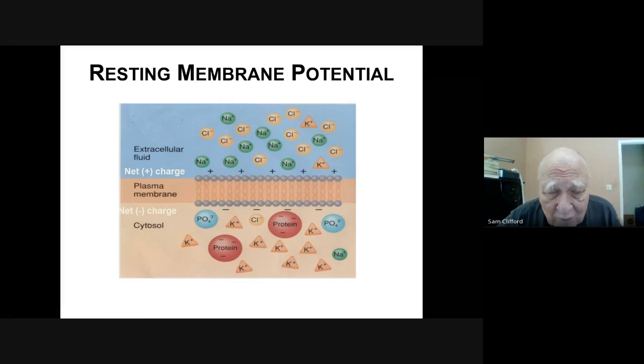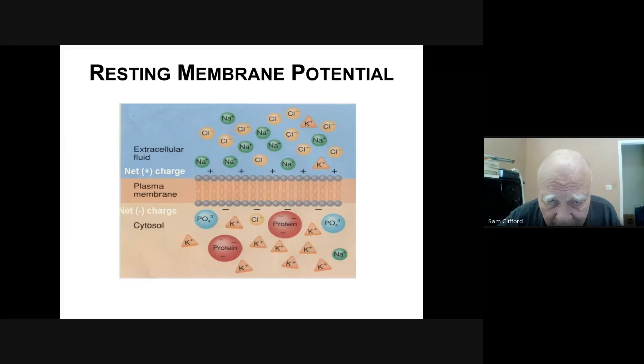So if you look at resting membrane potential, sodium chloride on the outside of the cell is positive compared to the inside. So you can see these negative proteins and phosphate. So the inside of the cell is slightly negative with respect to the outside.